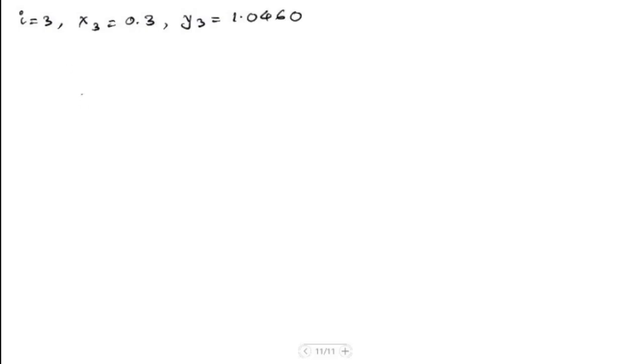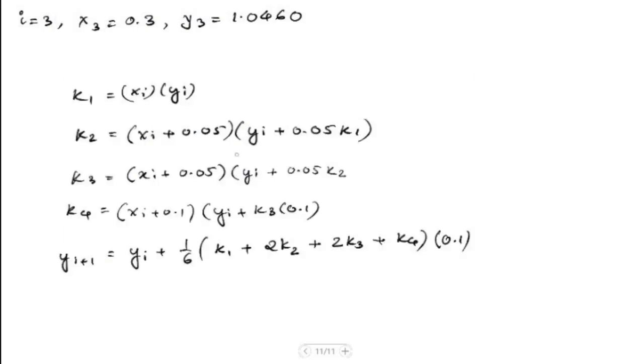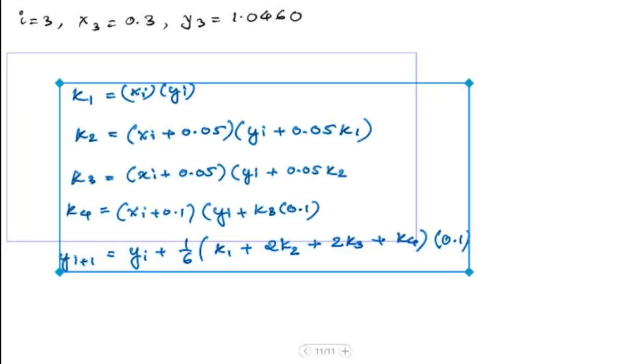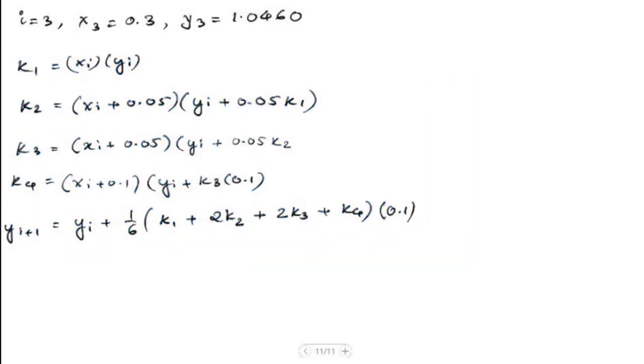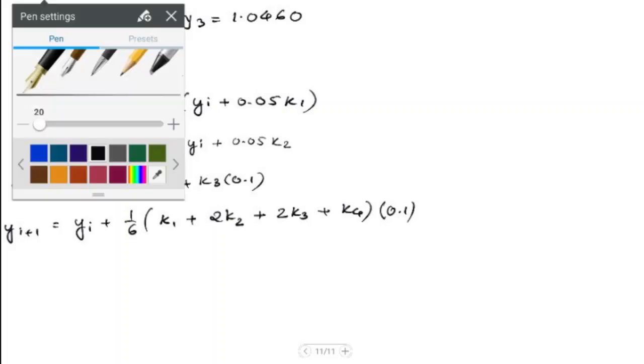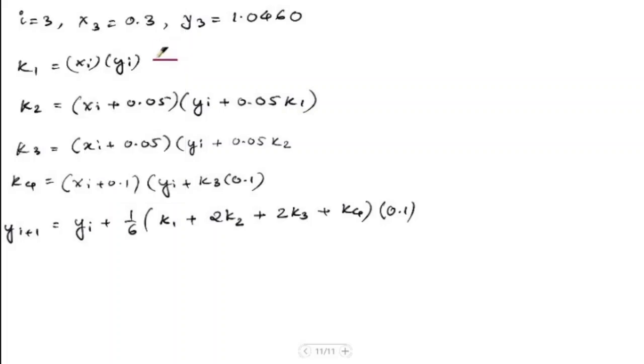Now we go ahead and bring all the formulas back here again. And here we have x2 times y2. So we'll have x2, or sorry, not 2 but 3 here now.